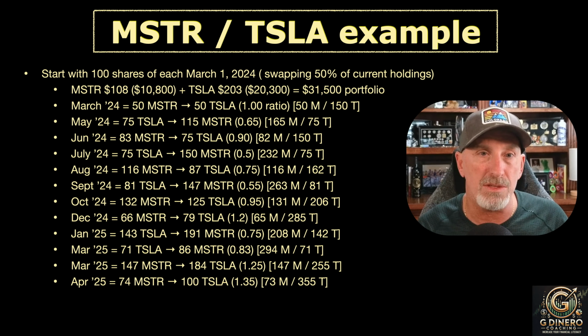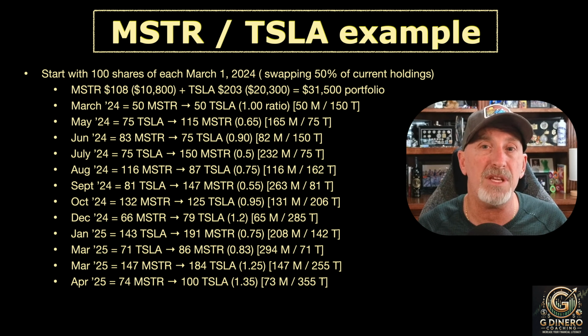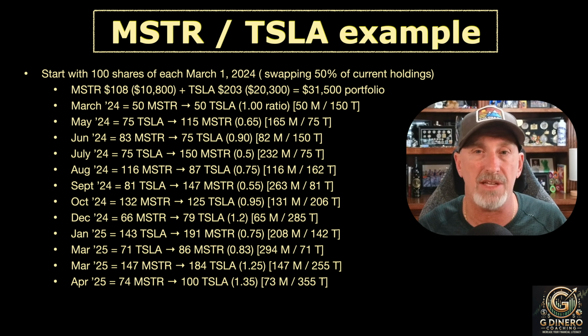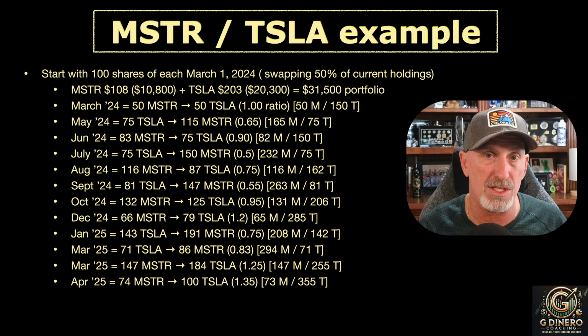So we're doing 50% of our current holdings. We currently hold 100 shares of MicroStrategy. So we sell 50 MicroStrategy for 50 Tesla shares at a 1-to-1 ratio. That leaves us with 50 MicroStrategy and 150 Tesla. The next signal we get is in May of 2024 at the 0.65 level. And that one says you need to buy MicroStrategy with Tesla shares.